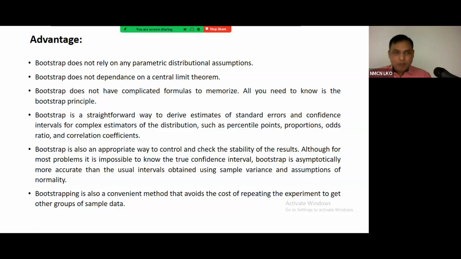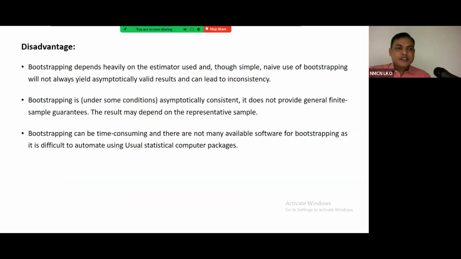The disadvantages of bootstrap are that it depends heavily on the estimator used, and though simple, naive use of the bootstrapping will not always yield asymptotically valid results and can lead to inconsistency. The bootstrapping is asymptotically consistent.